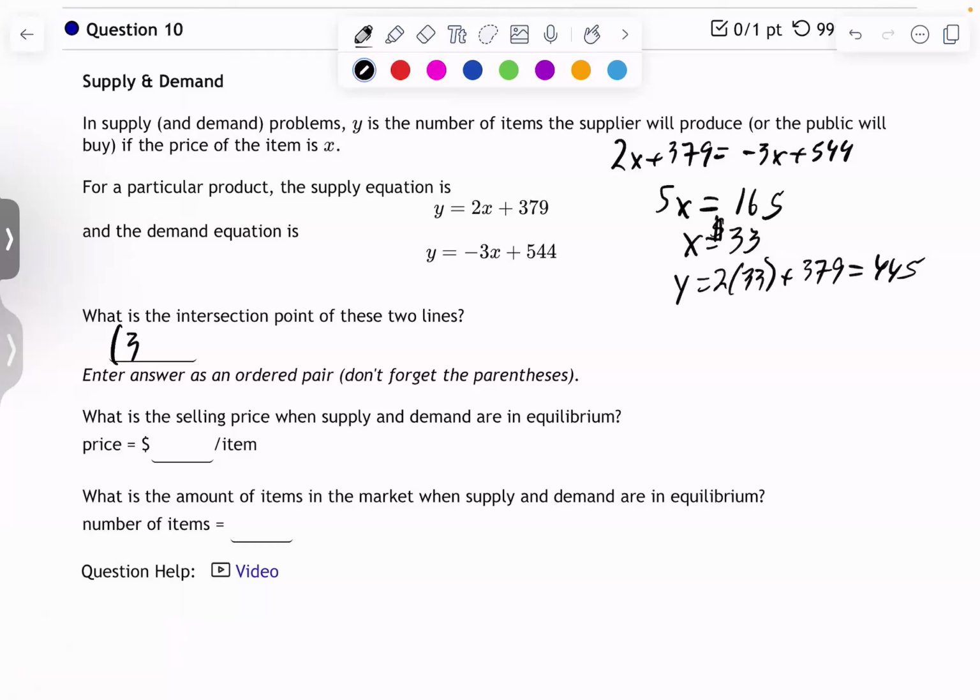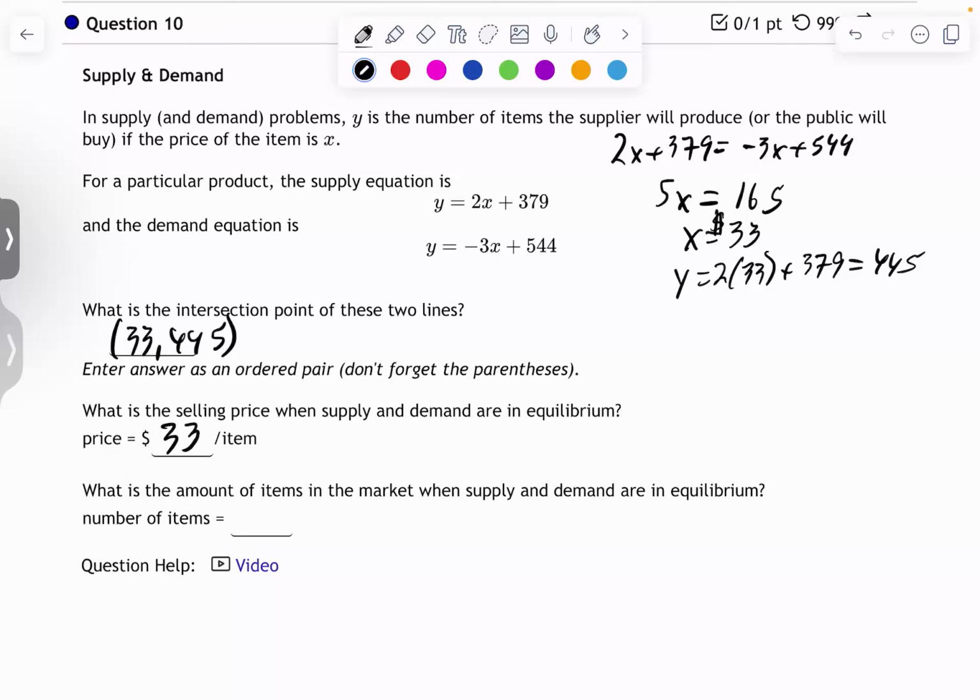So that's going to be $33 per item will get us 445. And what is the selling price when supply and demand are in equilibrium? That's going to be $33. And the amount of items is the 445.